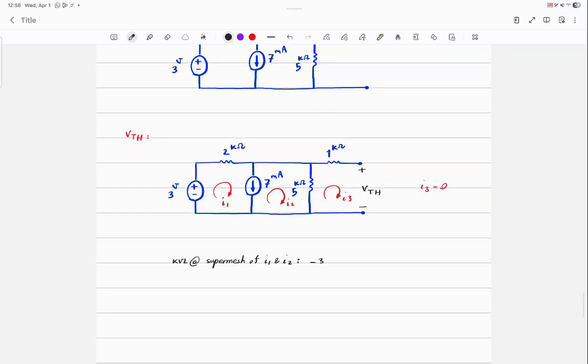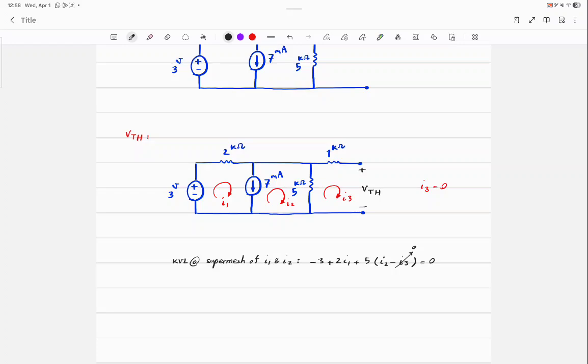So -3 plus 2I1 plus 5 times I2 minus I3, which is 0, equal to 0. Okay? One equation, two unknowns.